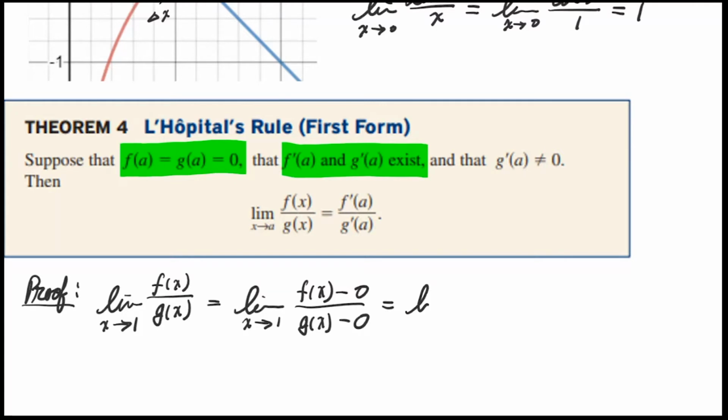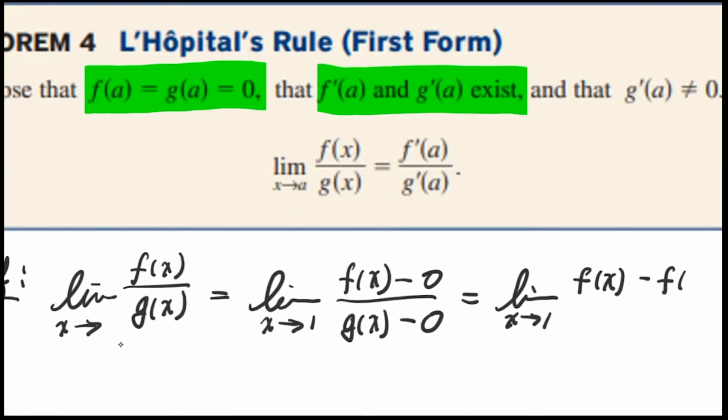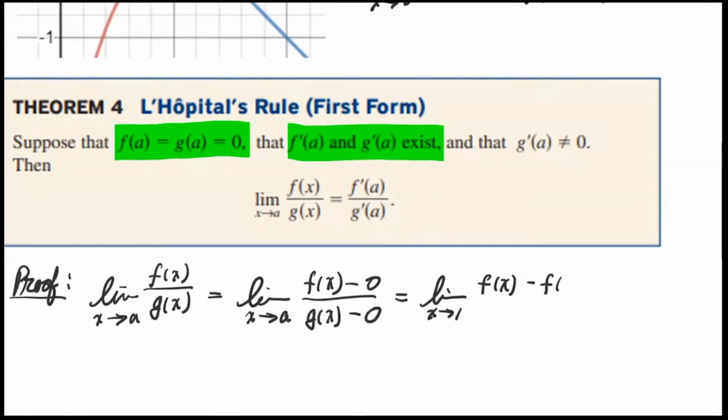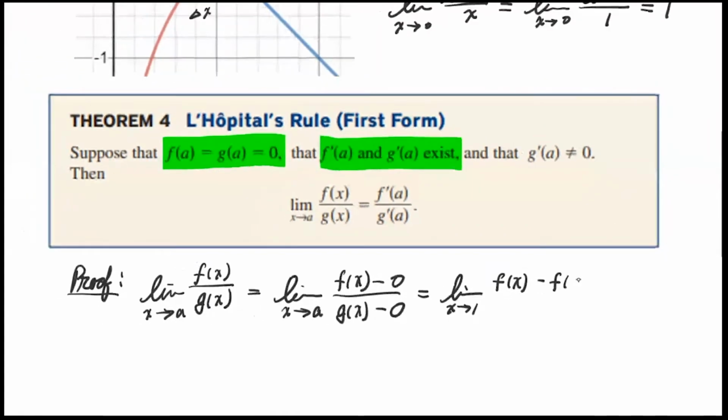And that is equal to the limit as x approaches 1 of f(x) minus f of, did I say 1? Actually, it doesn't need to be 1. It's just any general a, because up here they just use a. f(x) minus f(a) over g(x) minus g(a).